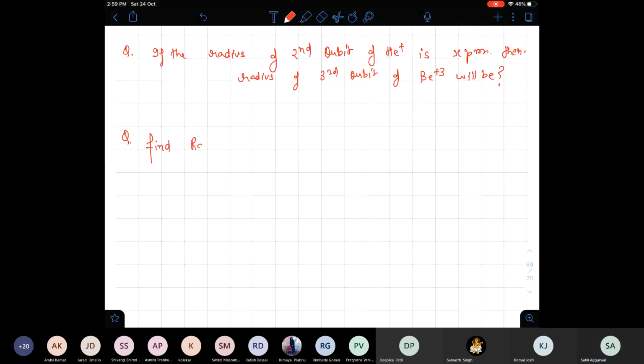Find the ratio. First orbit hydrogen, second orbit hydrogen, third orbit hydrogen. First orbit hydrogen, second orbit helium, third orbit lithium.